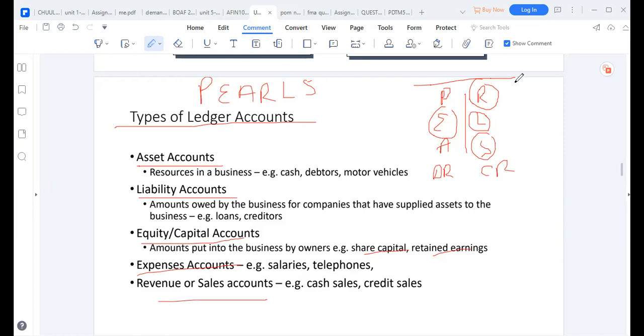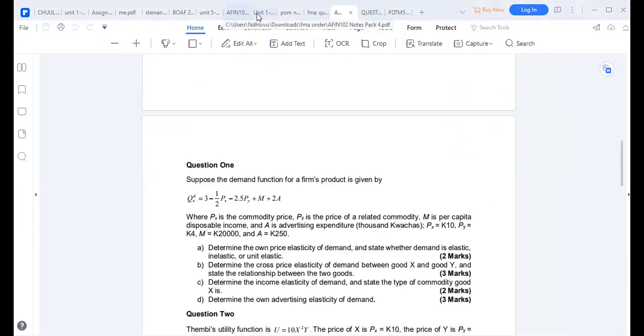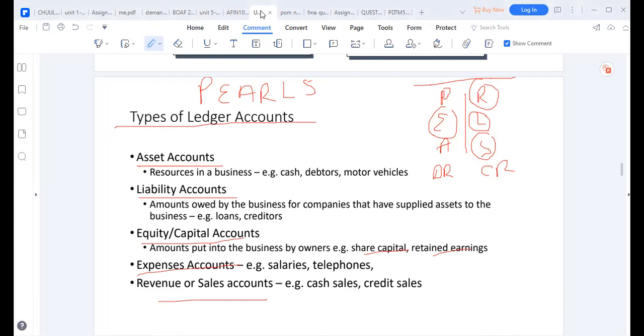So I'll look at a few questions that will help us understand the concept of deciding whether an account will be debited or credited. So purchases always have a debit balance, expenses always have a debit balance, assets always have a debit balance, revenues always have a credit balance, liabilities, credit balance, and sales credit balance.